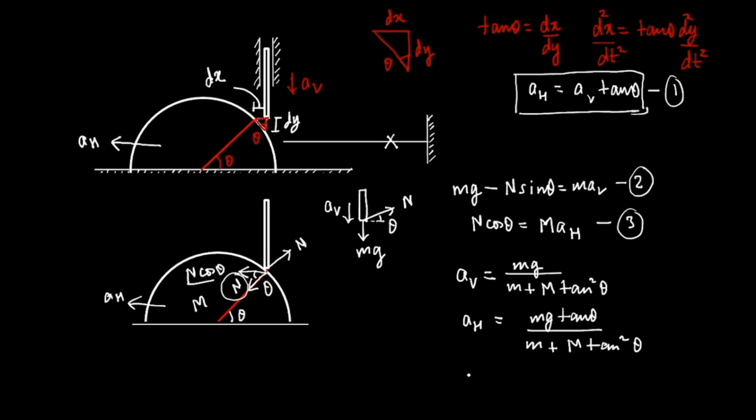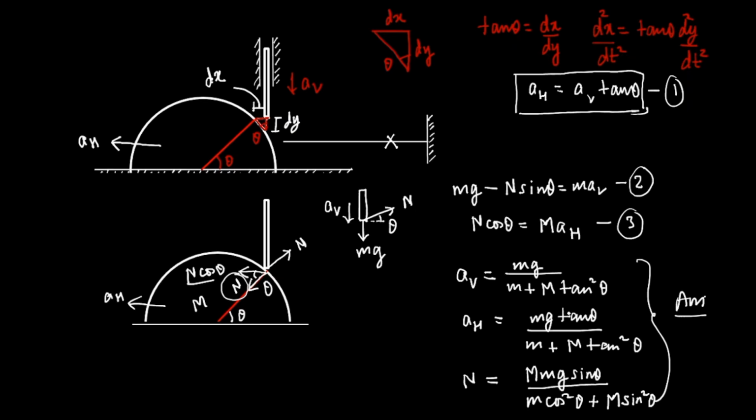And the normal reaction between them just after the cut is capital M small m g sin theta upon M cos square theta plus m sin square theta. So this is the answer. You might need to slightly rearrange them so as to match with your solution.